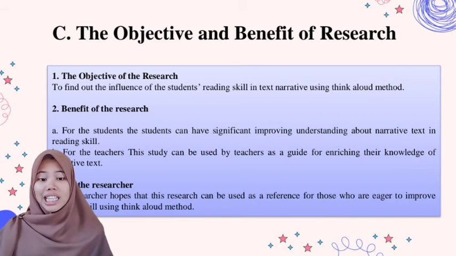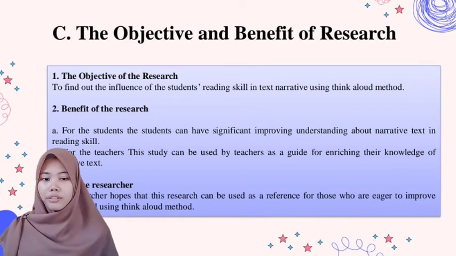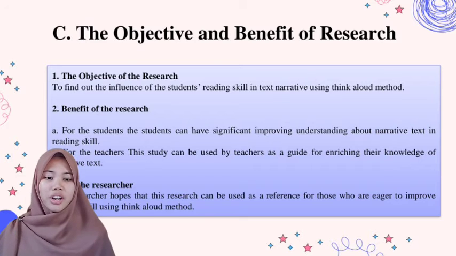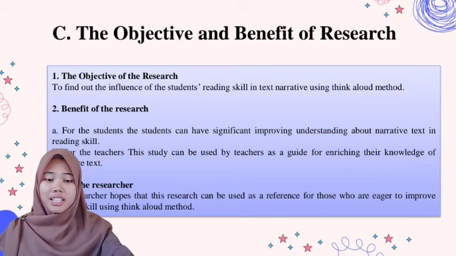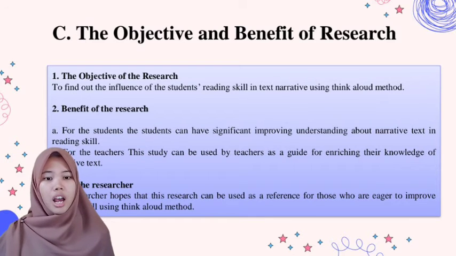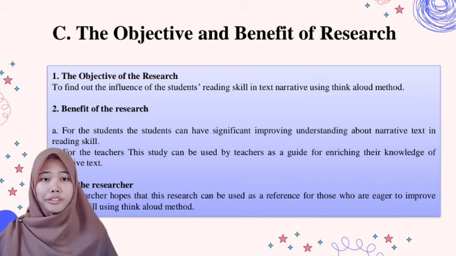B. For the teachers, the study can be used as a guide for enriching their knowledge of narrative text. C. For the researcher, hopes that this research can be used as a reference for those who are eager to improve reading skill using the Think Aloud method.